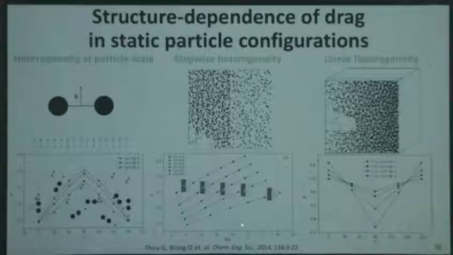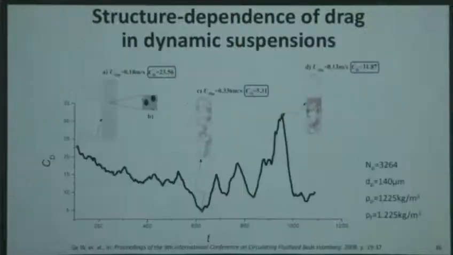variation in this range. And if you have a linear concentration gradient, then you can also find this gradient distribution of the dimensionless drag. Then in the dynamic case, we can also find interesting differences.